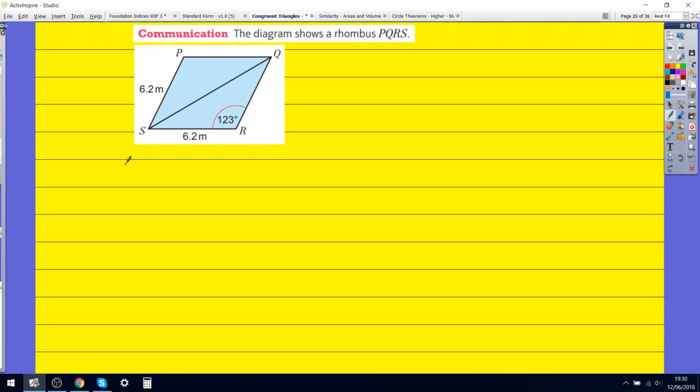Actually, no, I could just say PQ equals SR, which equals PS, which equals QR, because all sides in a rhombus are equal. Yeah, well done. Very good.